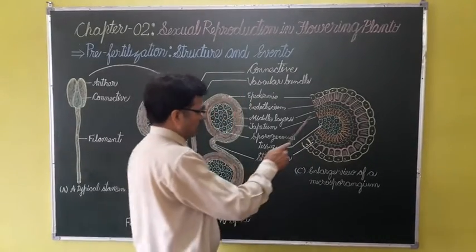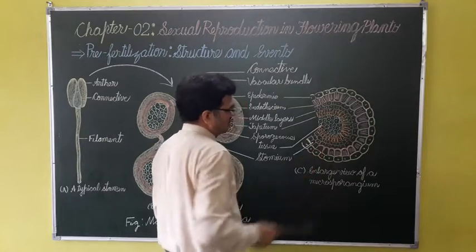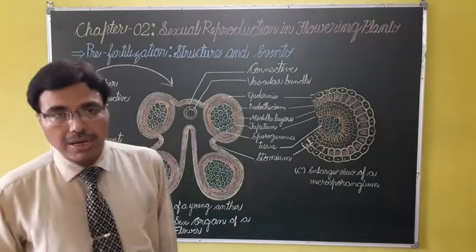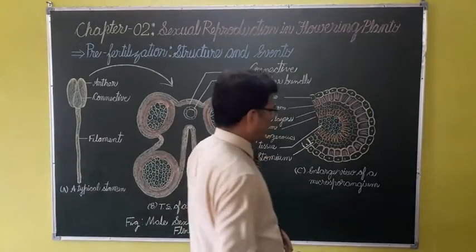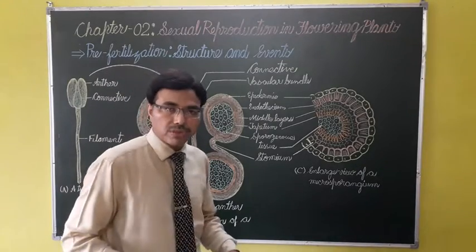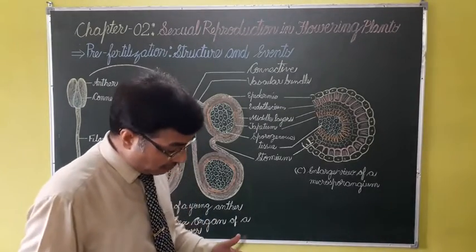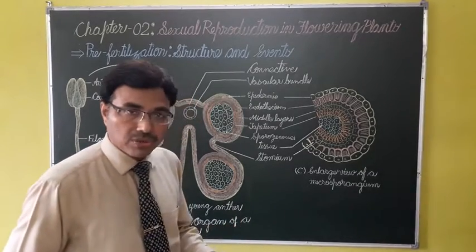Now the innermost layer, which I have drawn in orange color, this is the tapetum, and tapetum is responsible for providing nutrition to the developing pollen grains, which later on develop into the developing microspores. These microspores later on develop into the pollen grains.